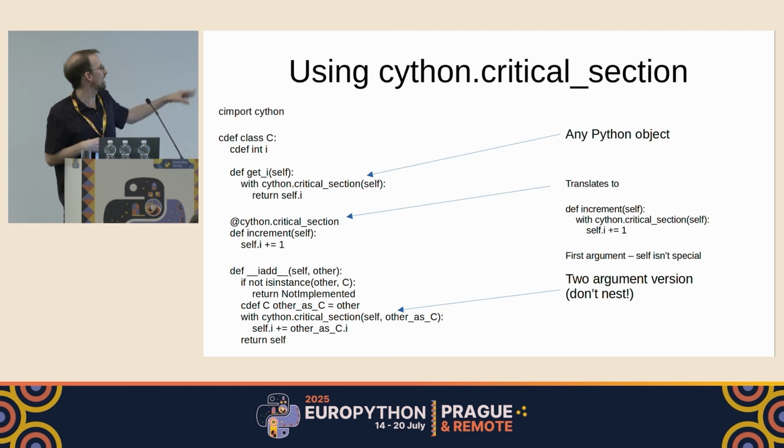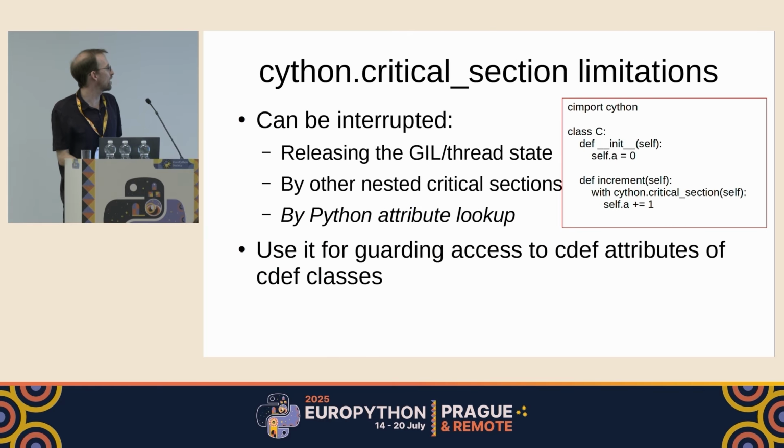In the same way, this is also a context manager. You say with Cython critical section, and then you just put it on any Python object. You can use it as a decorator, and it gets applied to the self argument. And you can use it as a two-argument version. So yes, it's reasonably straightforward to use.